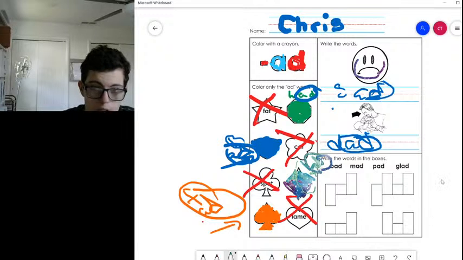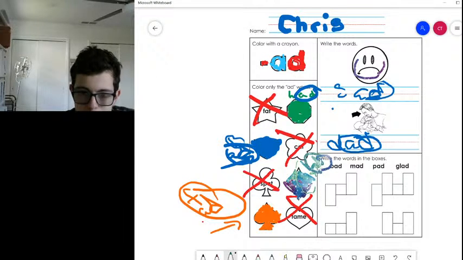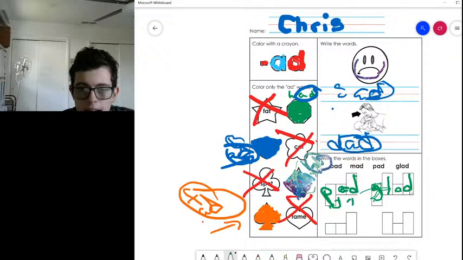Our word is going to be pad, or P A D, fitting nicely in the boxes. A long letter down, small box, and a big letter up. And as for here, we're going to do G L A D, or glad.